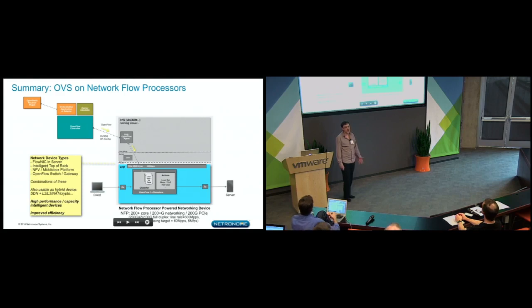So for all practical purposes, if you want to do practical classification and forwarding, you can treat it as a 200 gig device. It's also got 200 gig of PCIe, and because of that, it's well matched for the NIC role for servers.